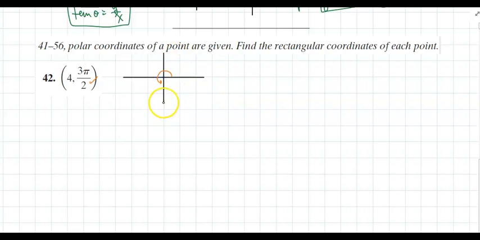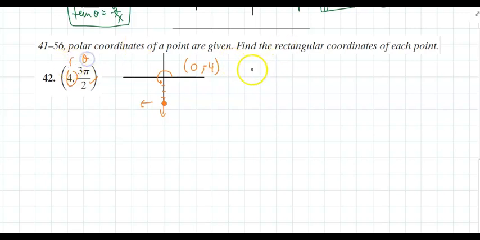I am pointing in this direction and move 4 units. I'm right there. You could say automatically, hey, I know what that is. In x and y, don't move to the left or right and move 4 down and we're fine. That's one way of doing this. That doesn't work on all the problems. This is an exception.